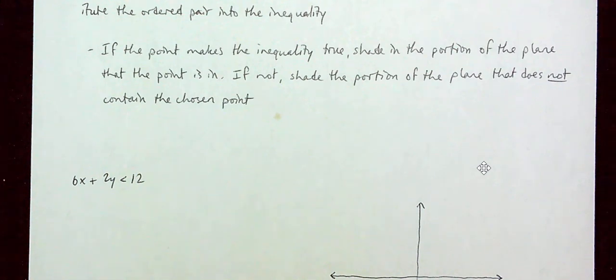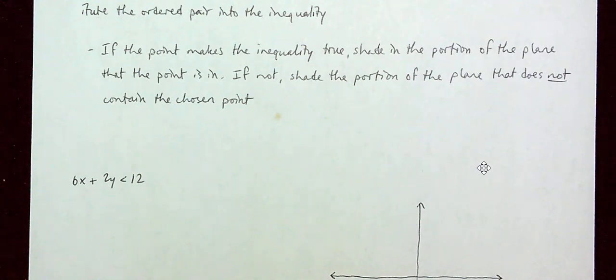If you had a system of two inequalities, you would do this for one curve. You pick some point that does not lie on the curve, and you shade some part of the plane.